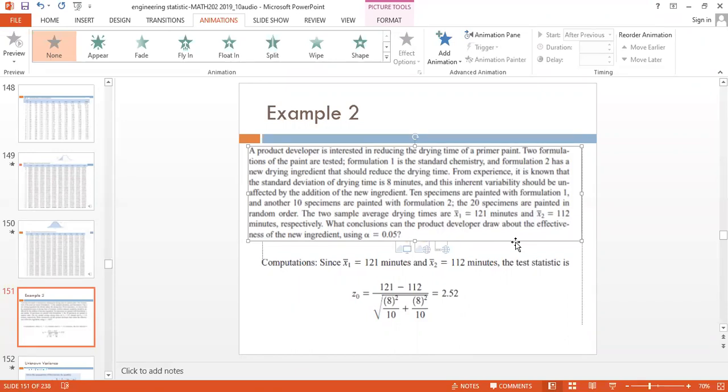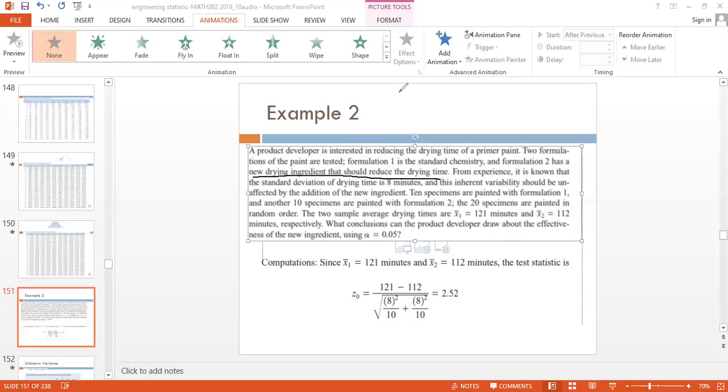Okay, so here the main focus is that we are testing if Formulation 2, the new drying agent, reduces the drying time better. Reducing means you shorten the number of minutes in drying the paint.